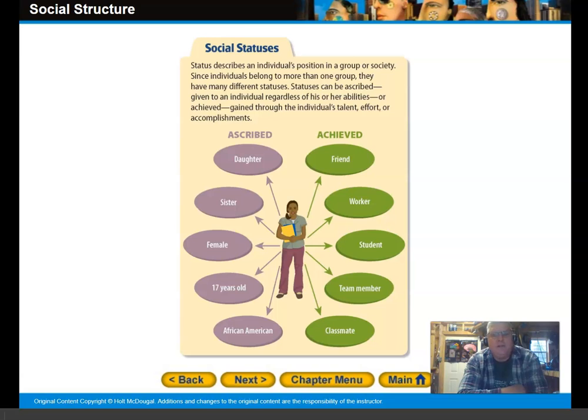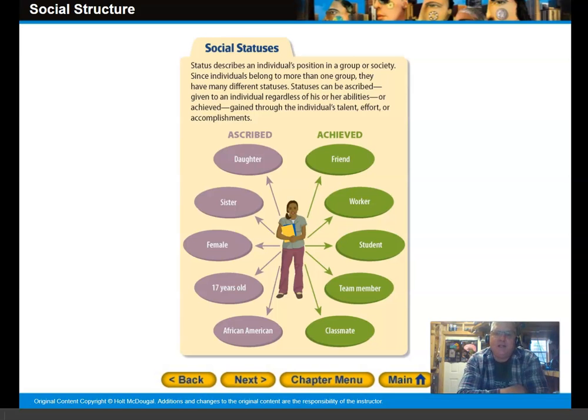So your ascribed status could be whether you're a son or a daughter, sister or brother, male or female, what your age is, and what your ethnic heritage is, whether you're African American, Native American, white, or Asian.